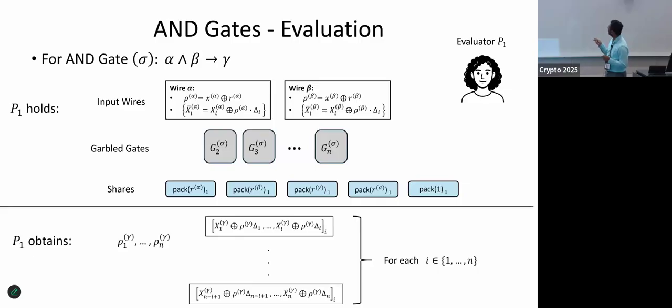And using its shares of packed secret sharing associated with the AND gate, it obtains the additive secret shares of the masked value rho gamma and the packed secret sharing of the associated labels. Now, from each gate, since it obtains only order of kappa many information, the size of the garbled gate is order kappa.